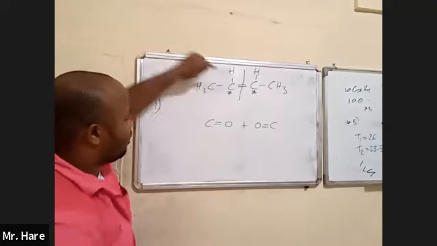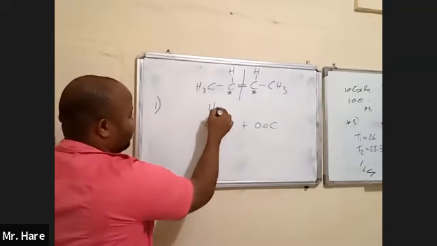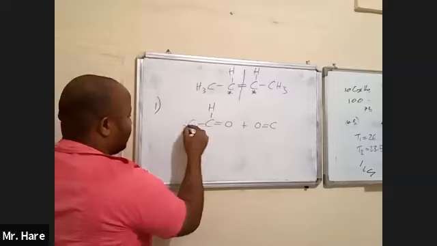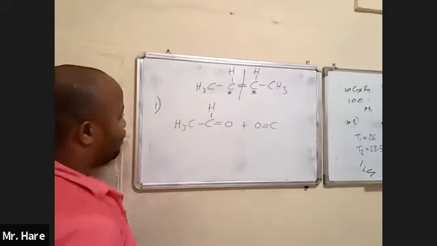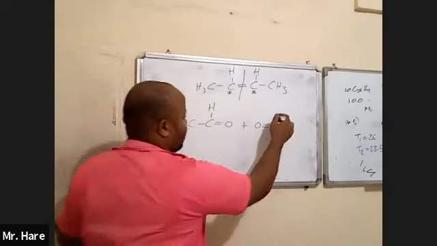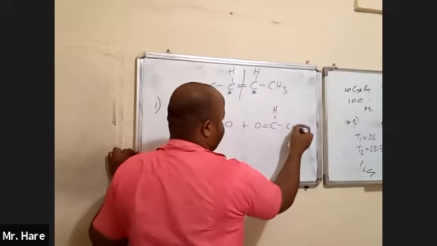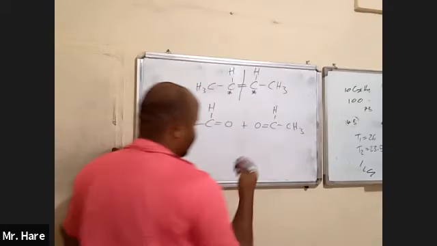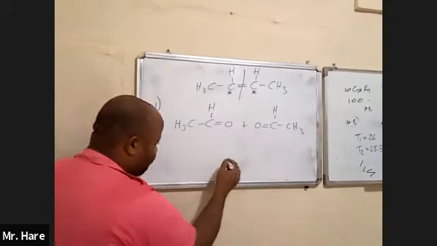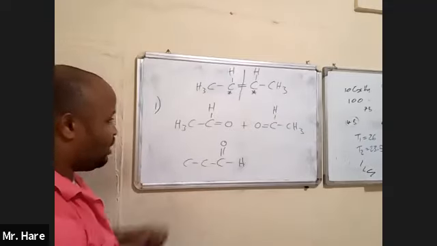So for this carbon, it had one hydrogen and it had one CH3. For this carbon, it had one hydrogen and it had one CH3. The functional group for the aldehyde is C double bond O, H, and however many Cl.